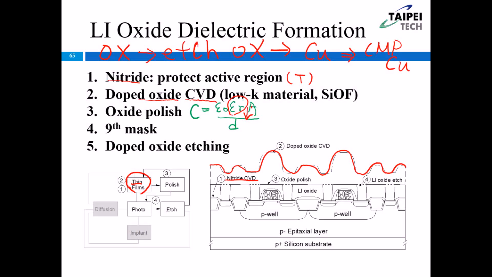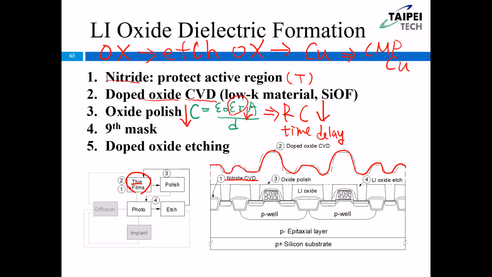If I have the lower K, it means the lower epsilon r, then the capacitance C will be lower. And I need the lower capacitance because it results in the smaller RC time delay.